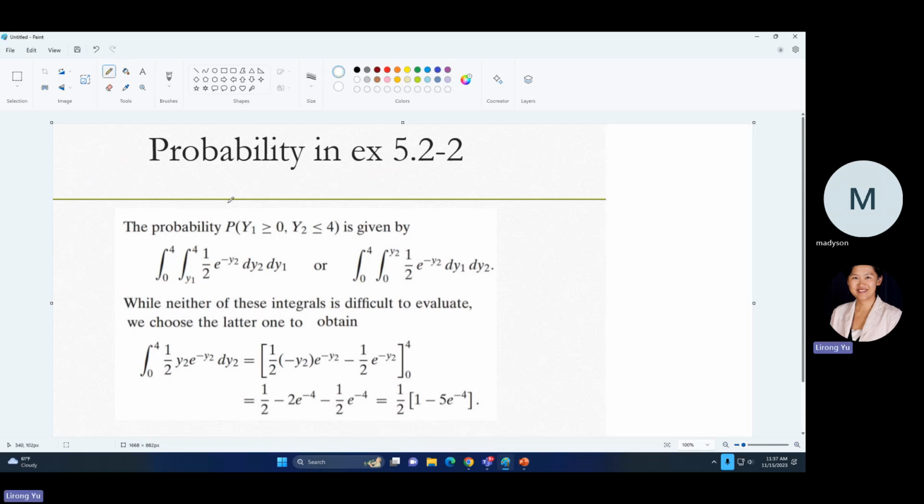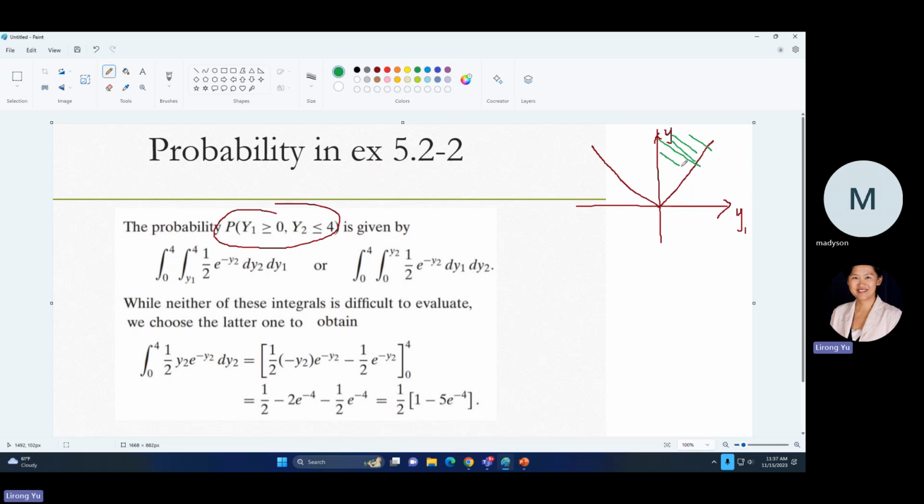Right, for example, if we were calculating this probability, how do we calculate it? The original region was this. This is y1, and this is y2, and this is our original integration region. We want to calculate the probability that y1 is larger than 0, which is this part.